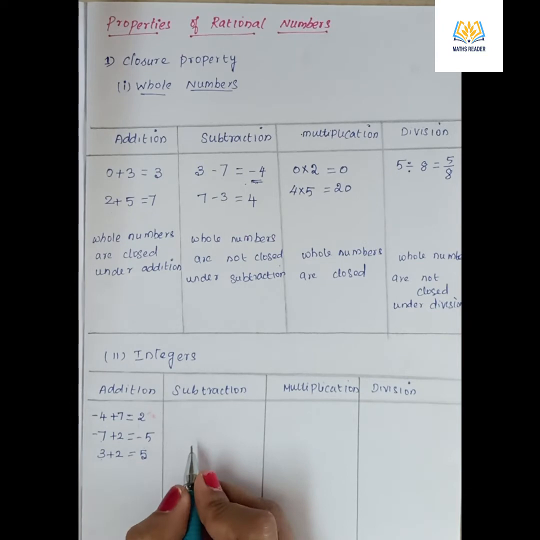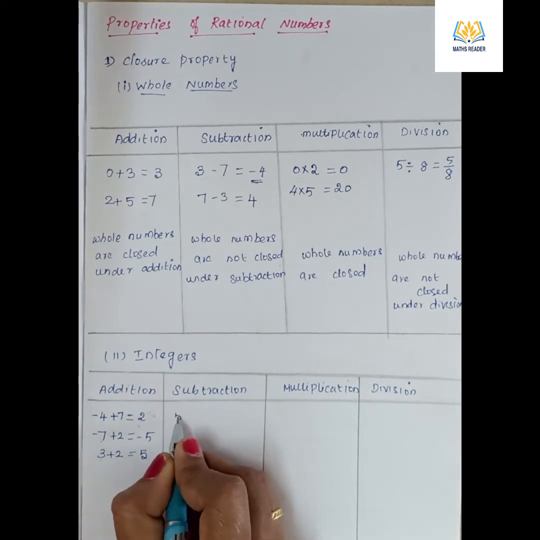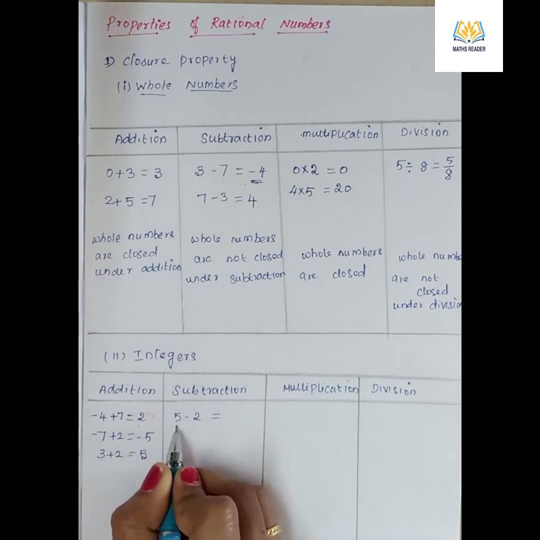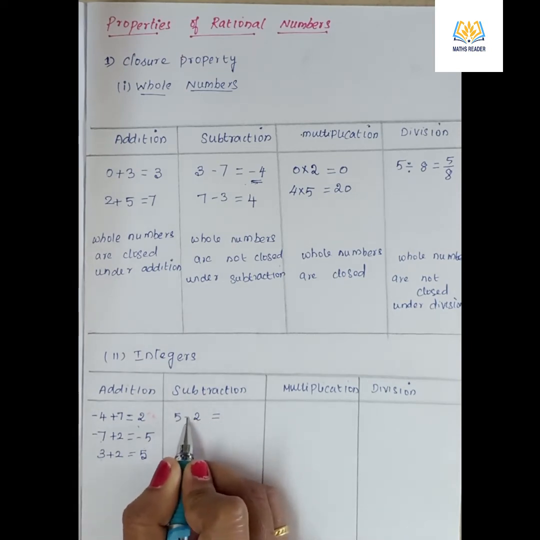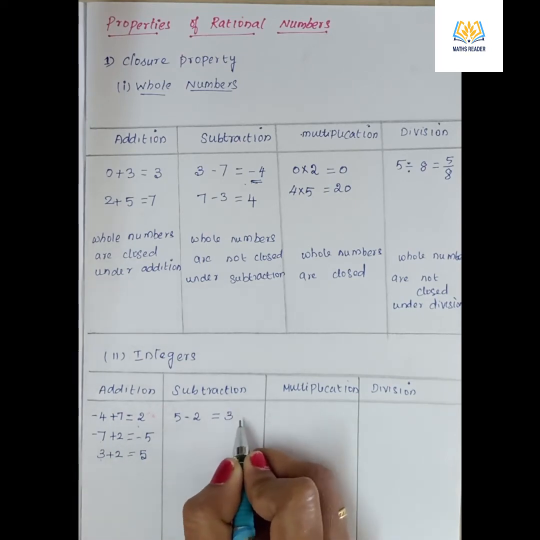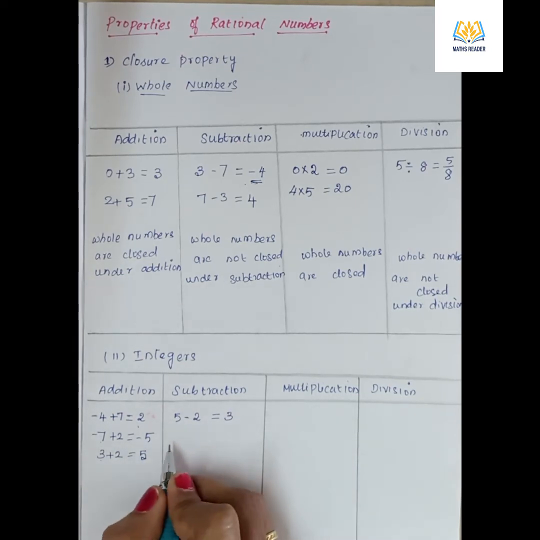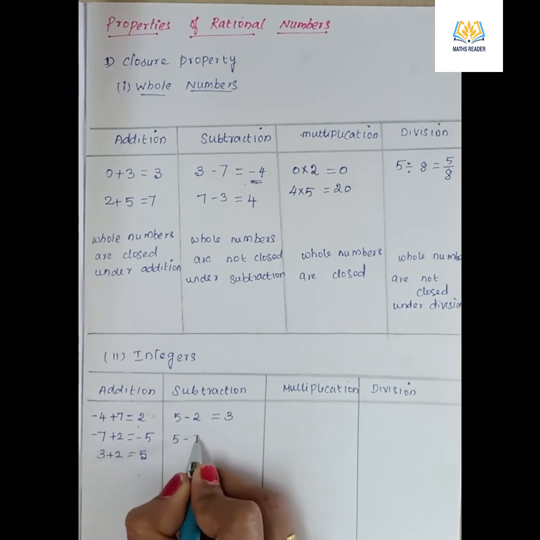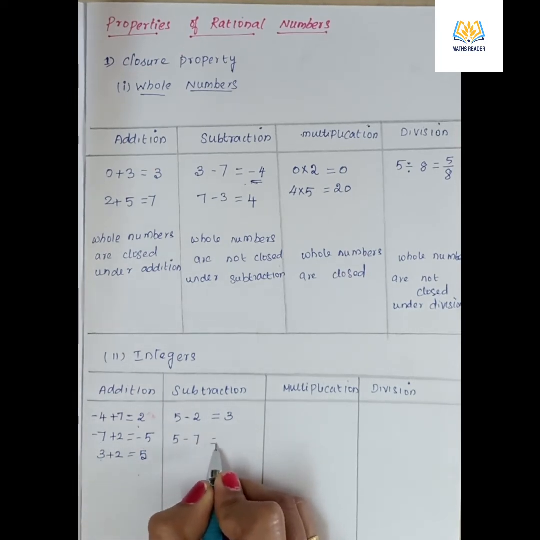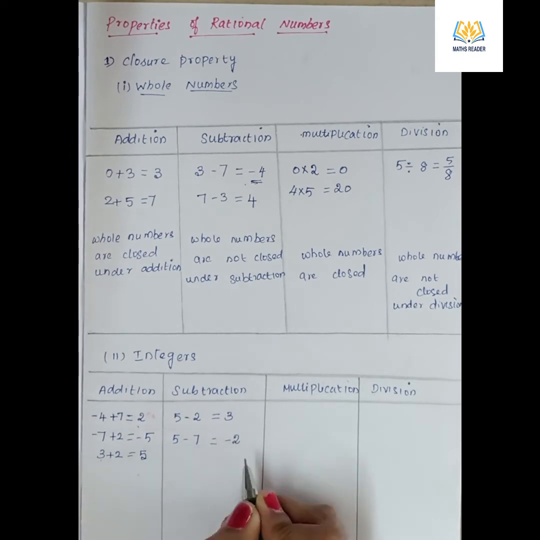Next, let us check subtraction. 5 minus 2: 5 is an integer, minus 2 is an integer. So the answer we get is 3. This is also an integer. Next, 5 minus 7. 5 is the smaller number, 7 is the larger number. So the answer we get is minus 2.